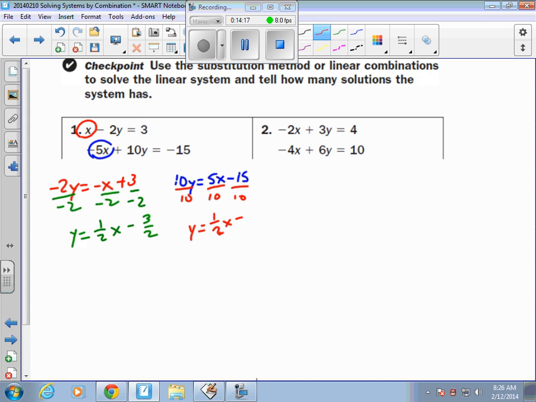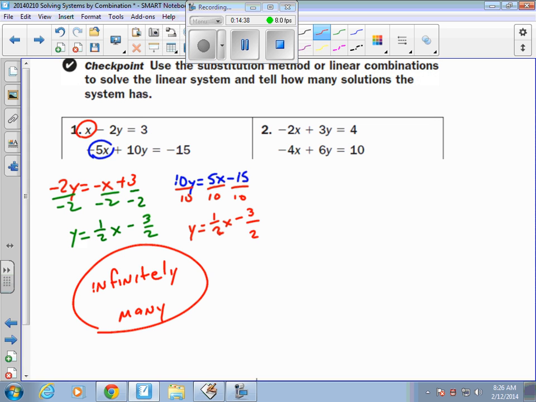It goes into 15 3 times and into 10 twice. Notice the equations are exactly the same. You couldn't see them when they were in standard form, but in slope-intercept form, they come out to be exactly the same. If they're exactly the same, they have infinitely many solutions. So the answer is infinitely many.